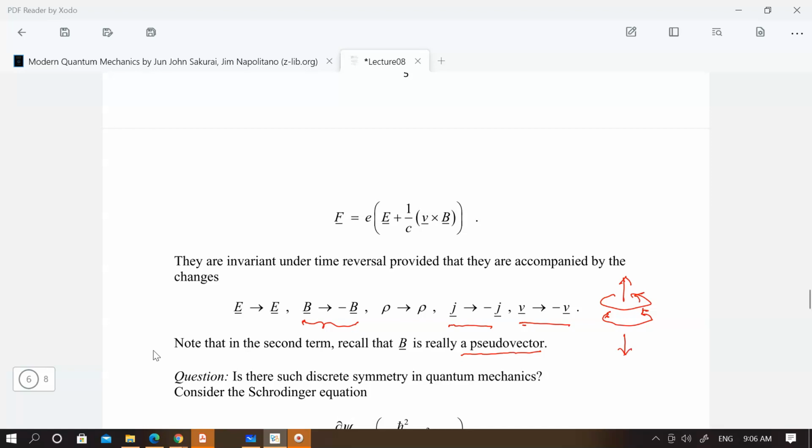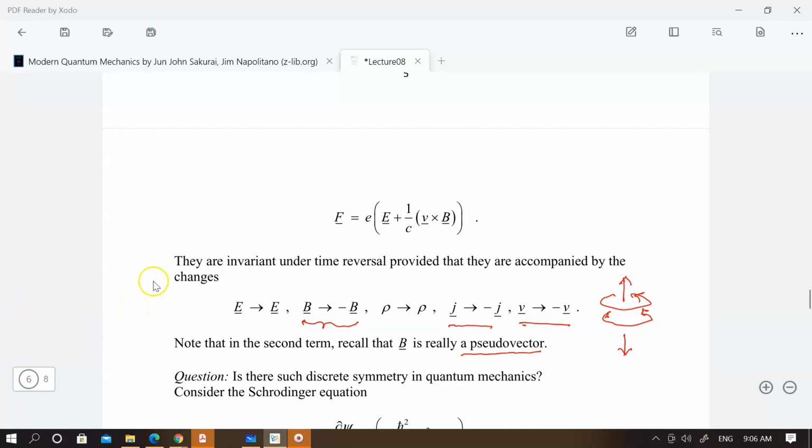Okay, so that's the only reason. So in other words, if you want to impose time reversal invariance in the theory of electrodynamics, then one imposes it together with this transformation. Then you actually get a theory which is time reversal invariant. Okay, so that is the classical case.